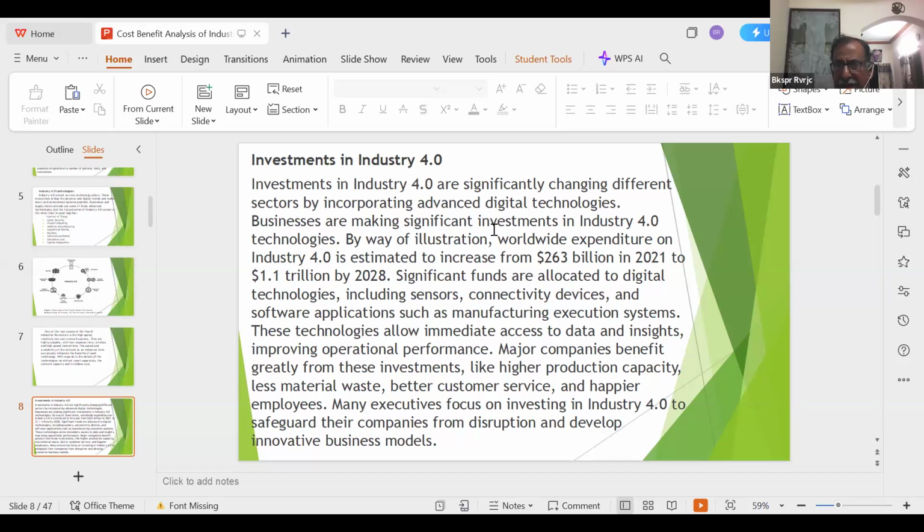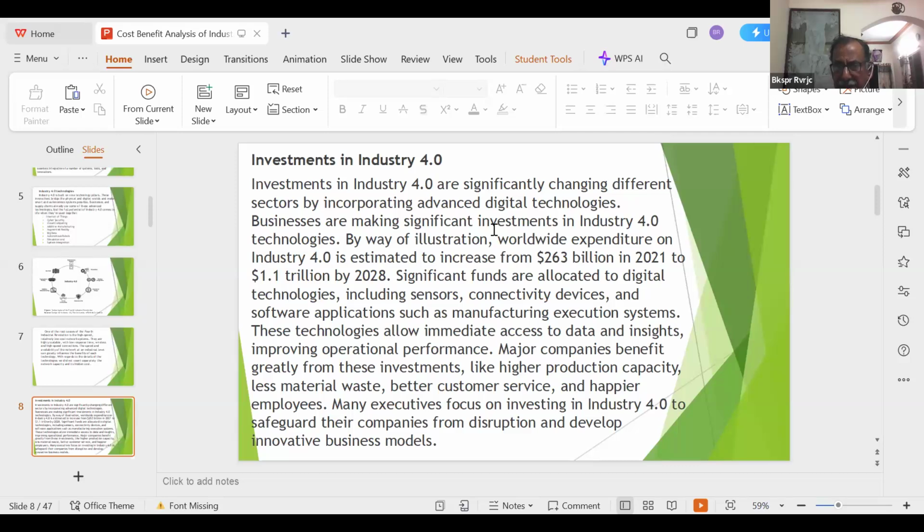The significant funds are allocated to digital technologies, including sensors, connectivity devices, and software applications such as manufacturing execution systems. These technologies allow immediate access to data and insights, improving operational performance.